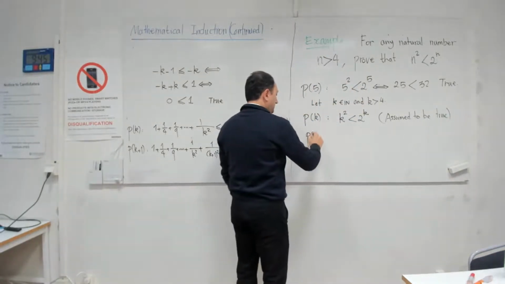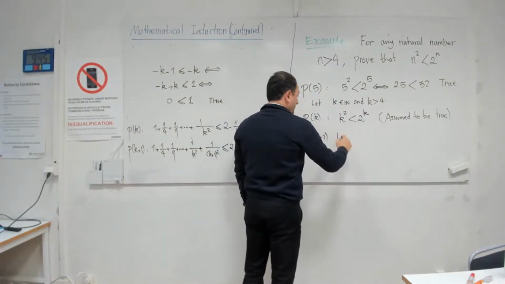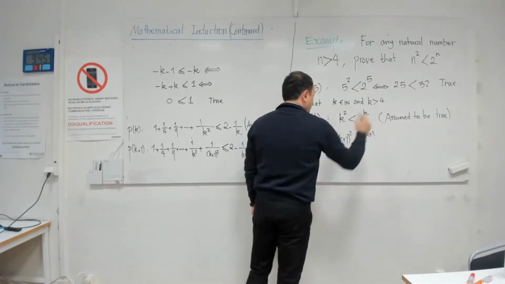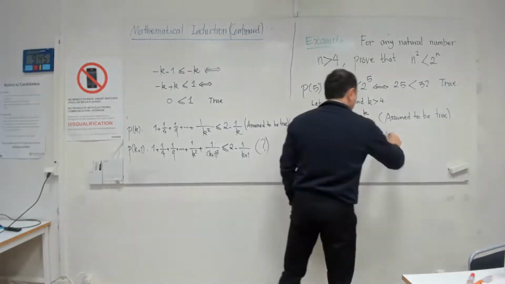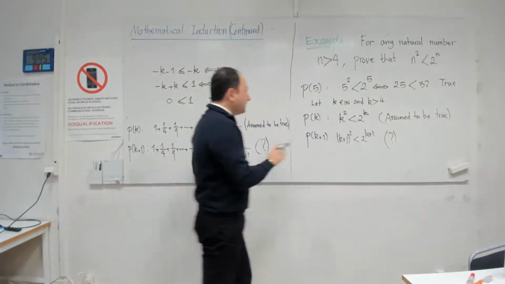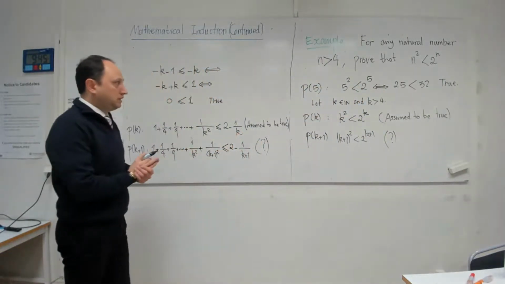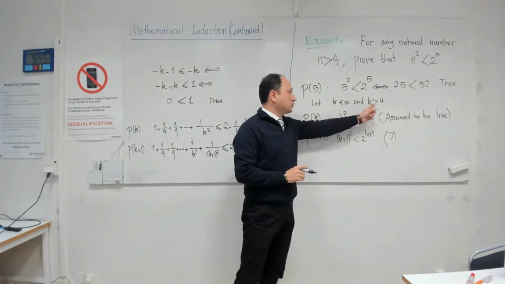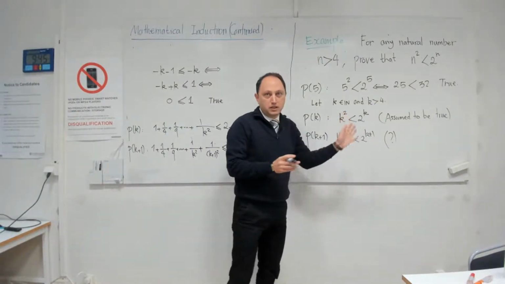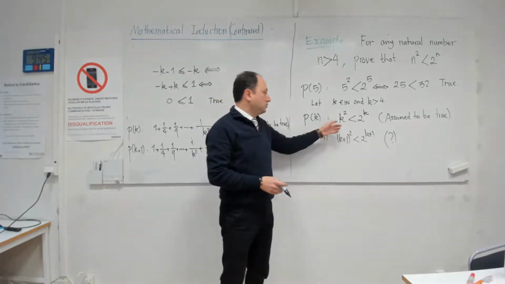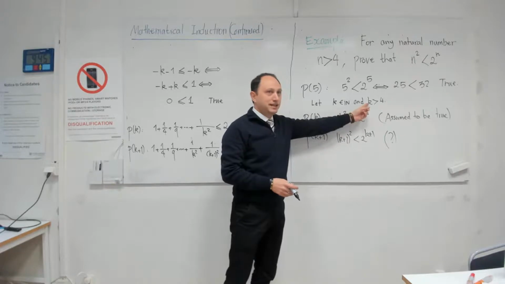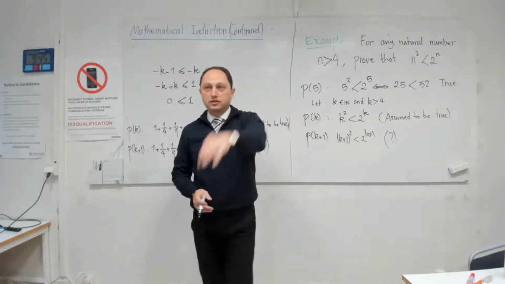Then what is PK plus 1? PK plus 1 is K plus 1 to the 2 is less than 2 to the power of K plus 1. This is your question mark. Everything that I have told you can just repeat it, except that you have this in mind that K is greater than 4 whenever it is needed. Might be at all, you don't need it at all. But in case you need it, you need to know that K starts from 5, 6, 7, etc.